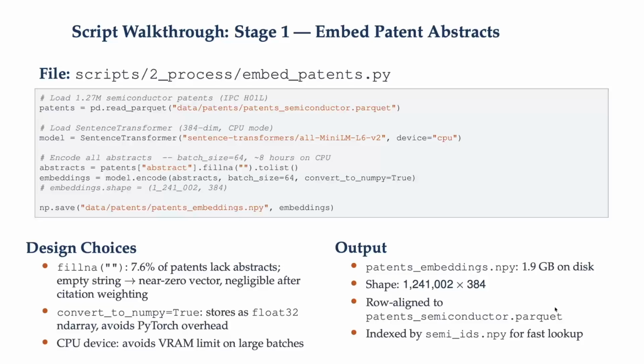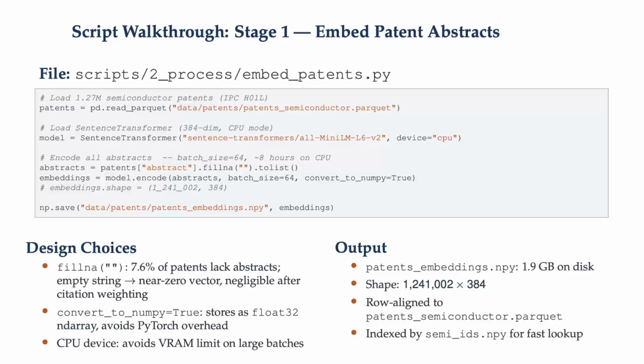Here I can show you some of my code base. This one shows how I run the embeddings. The model name is here, all-MiniLM-L6, and the device is CPU to run locally. The abstract field NA is used to check 7.6% of patents lacking abstracts, and the batch size is 64.